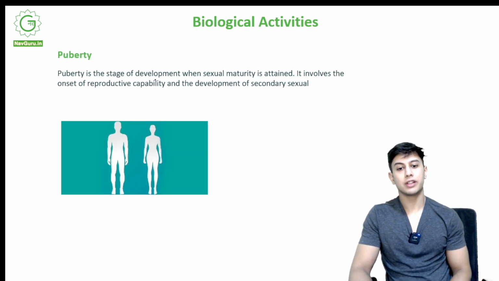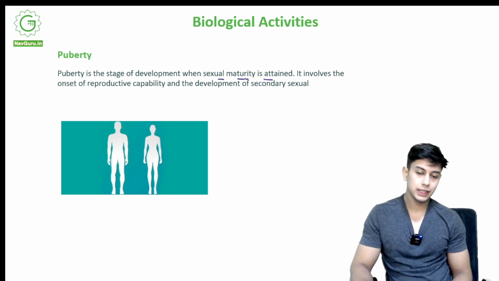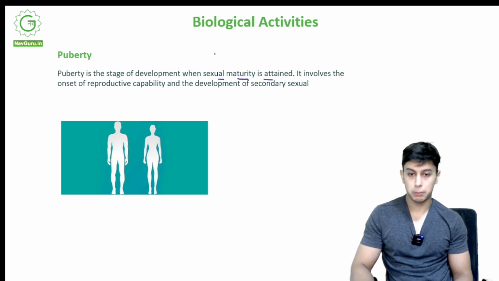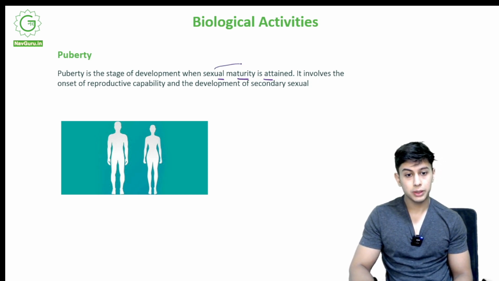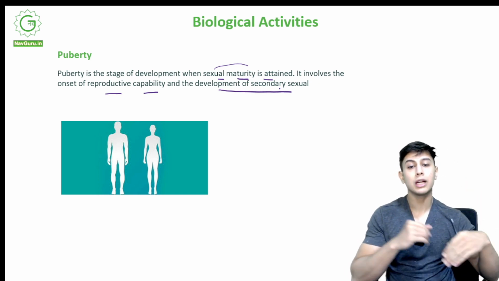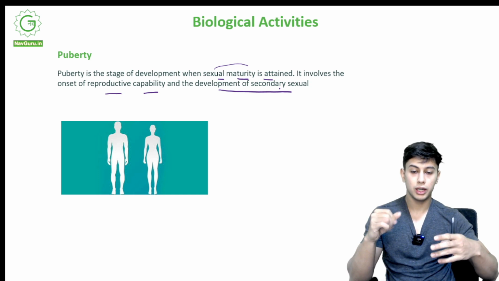Puberty is the stage of development when sexual maturity is attained. It is the time when your reproductive organs have developed and the body is capable of reproduction. It involves onset of reproductive capability and onset of secondary sexual characteristics. Now you have grown to such a level that you can reproduce to form another individual.